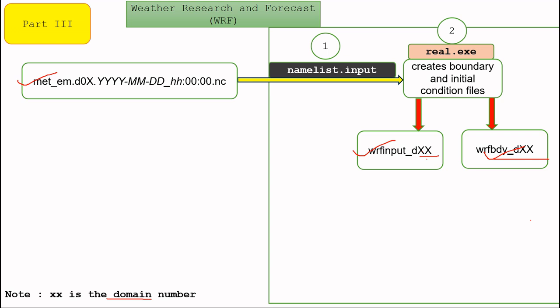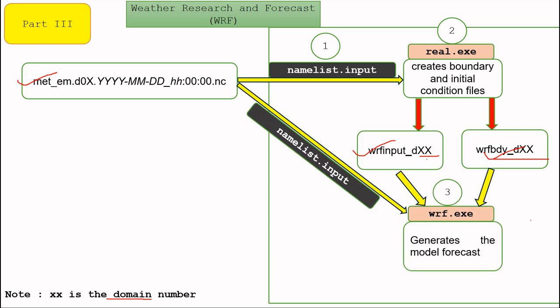In the last step of WRF code, run the wrf.exe file and this will produce the desired forecast over the defined domain. wrf.exe uses initial and boundary conditions from the files wrfinput and wrfbdy which were created by real.exe. The physics, dynamics and other user defined information are accessed by wrf.exe using the namelist.input file.